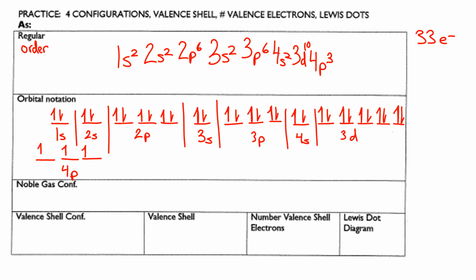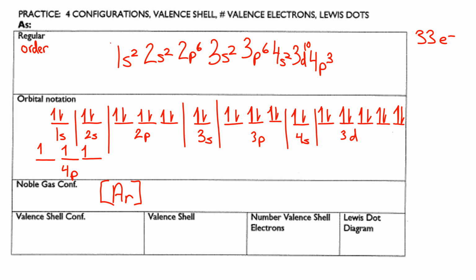The noble gas on the period above arsenic is in the last column. So group 8A is your noble gases. Argon is on the period above arsenic. So when I write argon in brackets like that, essentially what I'm saying is, where does argon end?